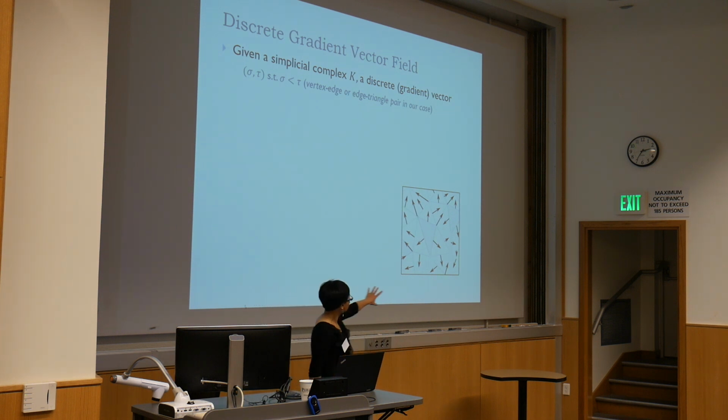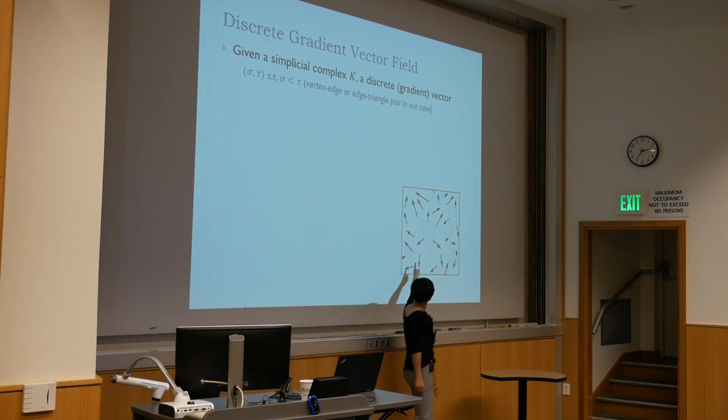If I give you a simplicial complex, a triangulation, in this case just a two-dimensional triangulation, namely edges, vertices, and triangles, a discrete gradient vector is now a pairing between two simplices: between a vertex and edge, an edge and triangle, or a triangle and tetrahedron. In other words, between two simplices where one is a face of the other and their dimensions differ by only 1. I'm showing an example here.